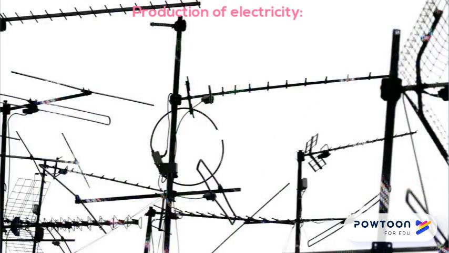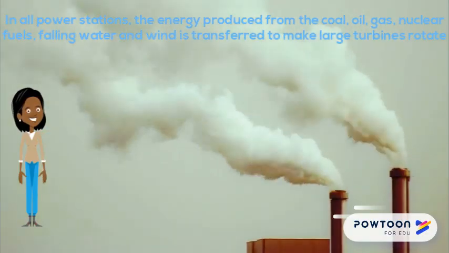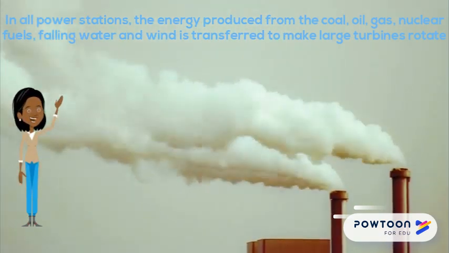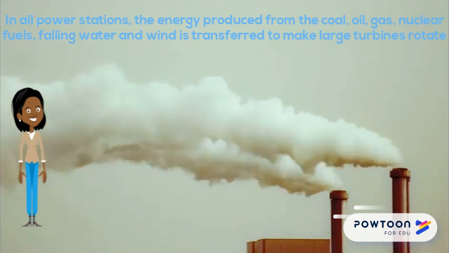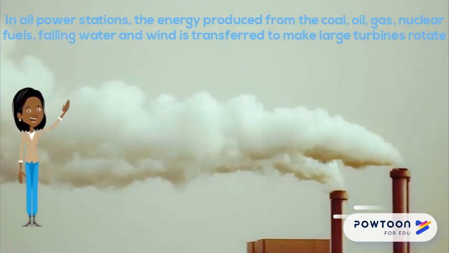Now let's continue to look at production of electricity. Electricity is produced and supplied following a specific sequence starting in a power station and ending in the electrical appliances in our homes. In all power stations, the energy produced from the coal, oil, gas, nuclear fuels, falling water, and wind is transferred to make large turbines rotate.